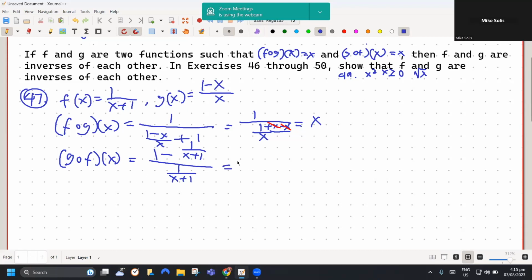So the quantity 1 minus 1 over x plus 1 multiplied to, teka, parenthesis. Or kung walang parenthesis, dapat x plus 1 over 1.